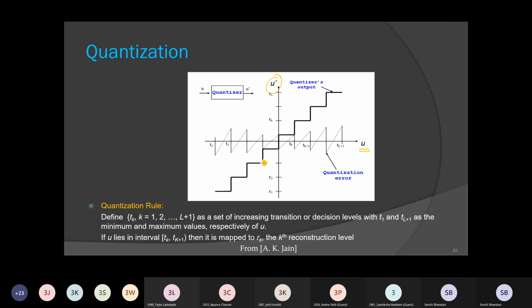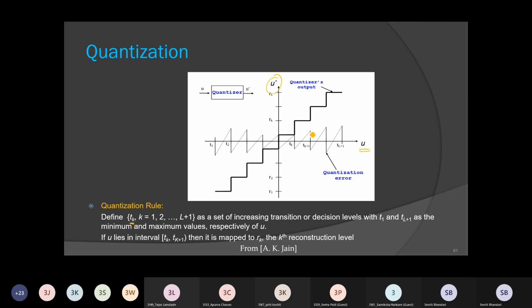So what we are going to do is, we are going to define some k values, and those are denoted as tk. I'll repeat. We are defining some k values, right? And k varies from 1 up to L plus 1. Okay, and we are having now some values of u denoted as tk.